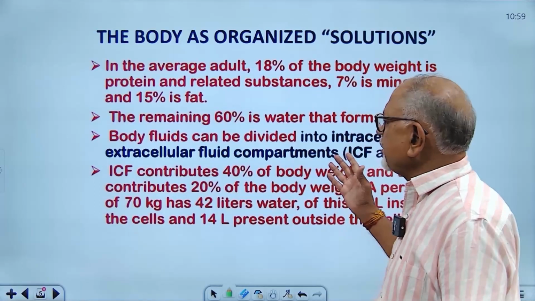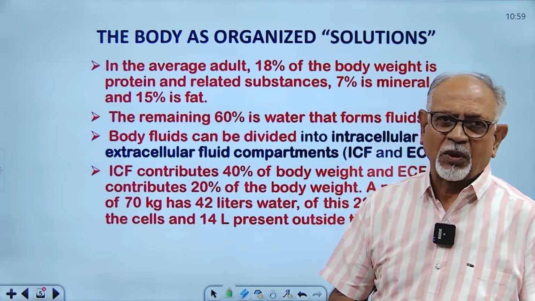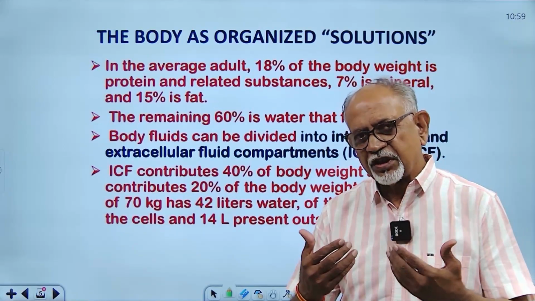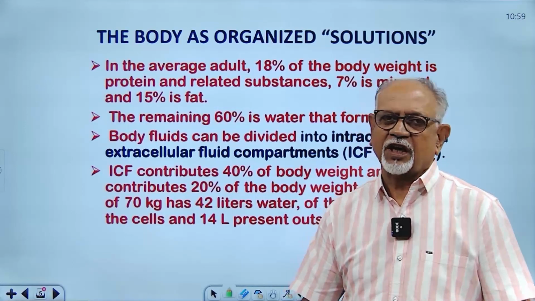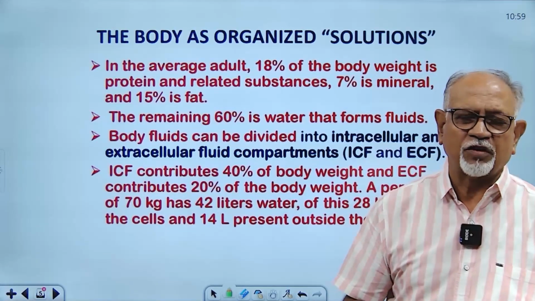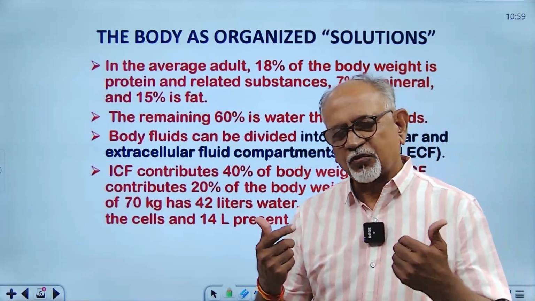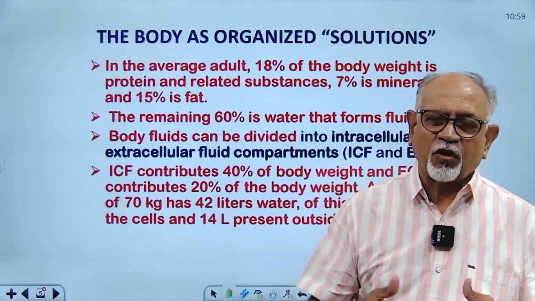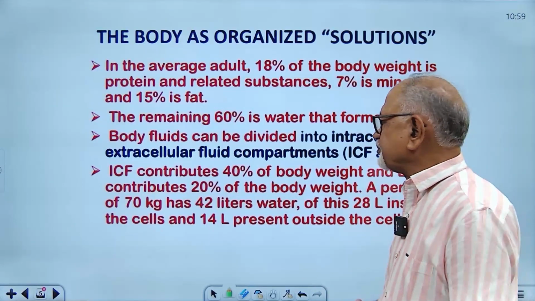It is divided into two. One is intracellular fluid, which is present inside the cells, and another is extracellular fluid, which is present outside the cells or in between the cells.